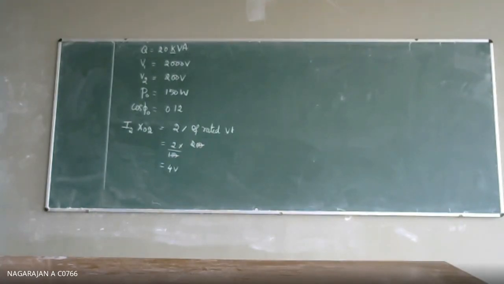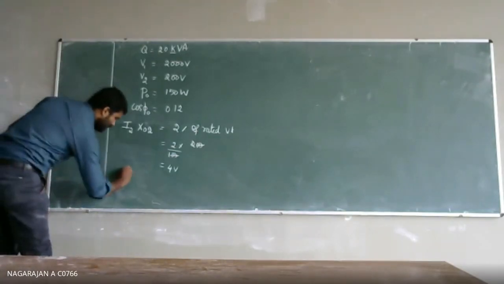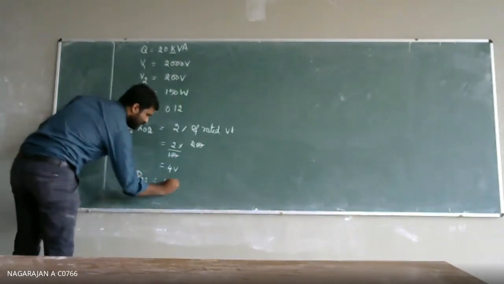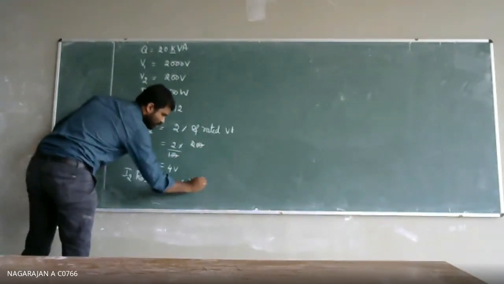That is why I have taken the rated voltage as 200, because they have mentioned the LV side. And similarly, I2 R02 is 1% of rated voltage.